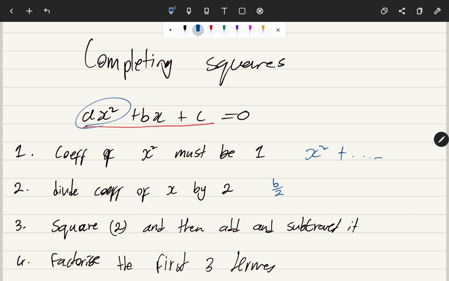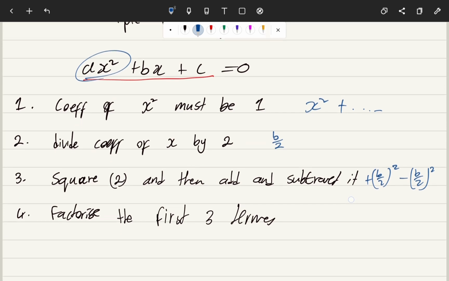Then that coefficient, in the next step you're going to take it, b, right? So you're going to add it, you square it, and then you subtract the square of it. You're going to do exactly this, but if you don't get it now, it's just going to be easy if we do examples. And then you will see what we mean in step 4 by factorizing the first 3.